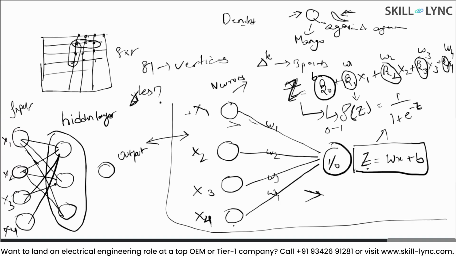So this might look very complicated. What I'm trying to do here is, with the help of the hidden layer, I am trying to correct myself in between one more time. I'm trying to get trained one more time using this hidden layer.